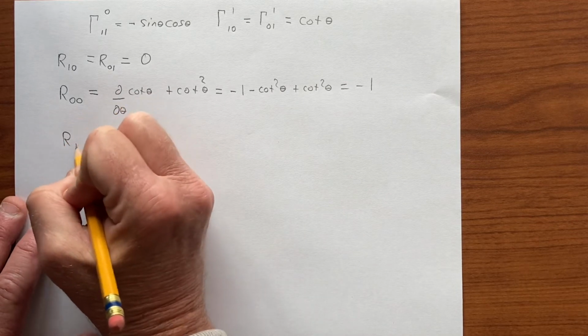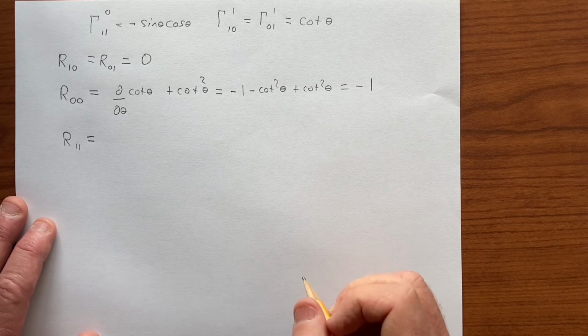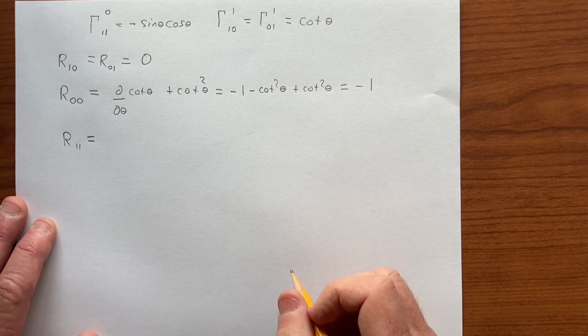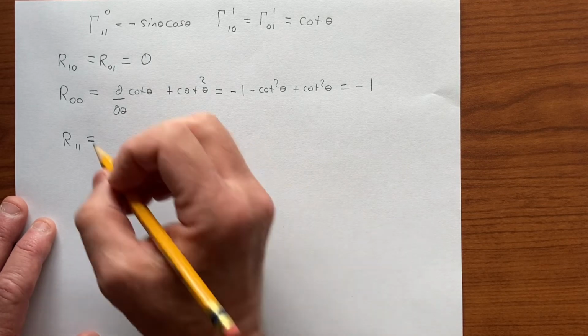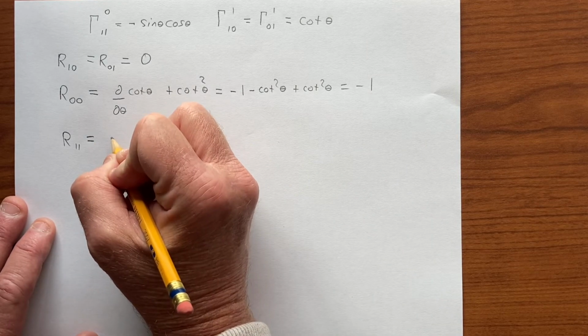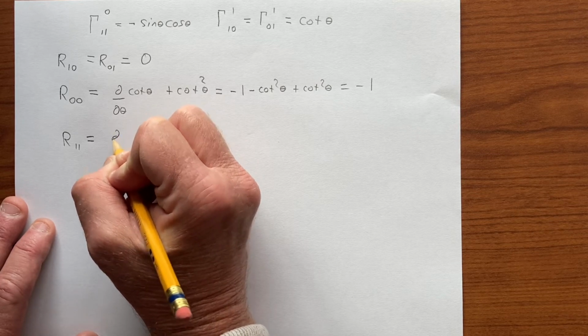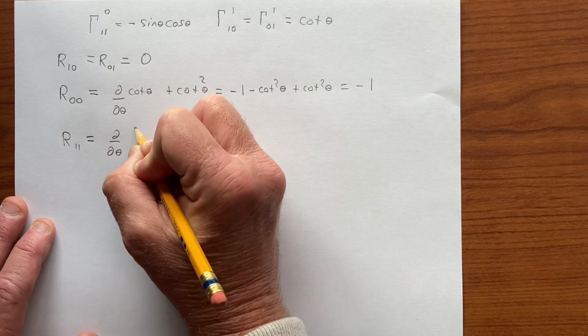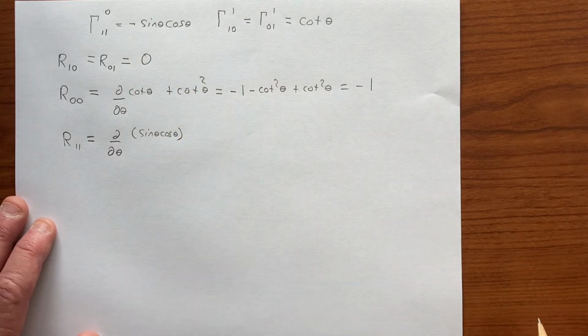And R11, we have a derivative in theta of Γ^0_11. Minus that, so Γ^0_11 is negative, so overall we'll get a d/dθ of the sine theta cosine theta.